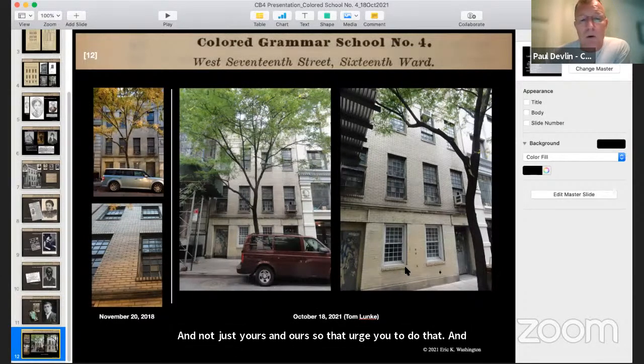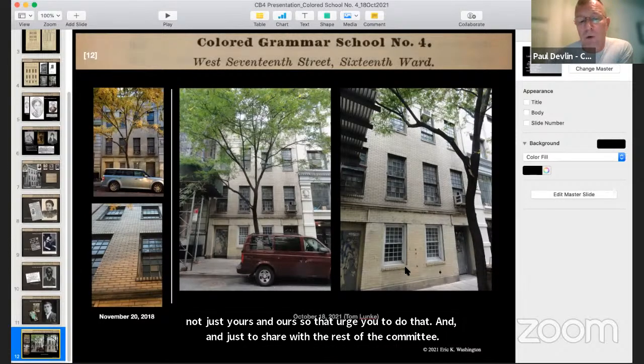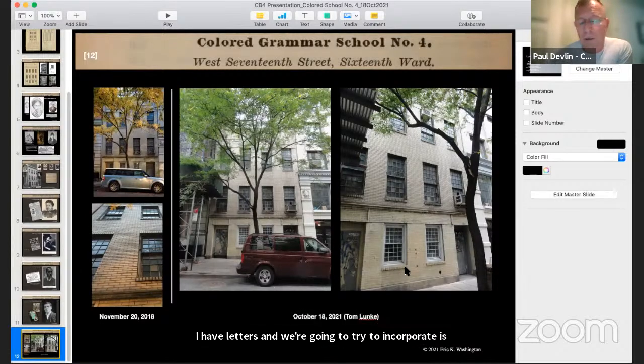And just to share with the rest of the committee, I have letters, and we're going to try to incorporate. There's a church in Hell's Kitchen, St. Benedict's, that's also part of the Black history of the district. And we have requested designation of that church in Hell's Kitchen a number of times without success.